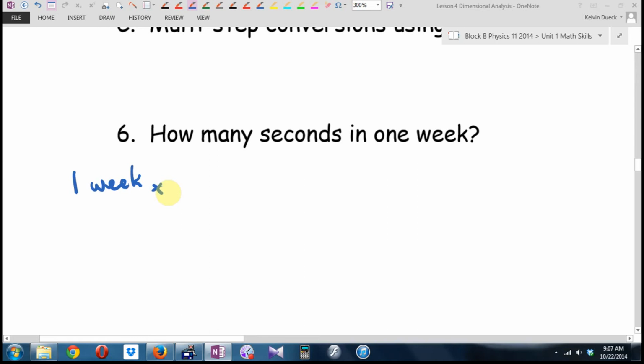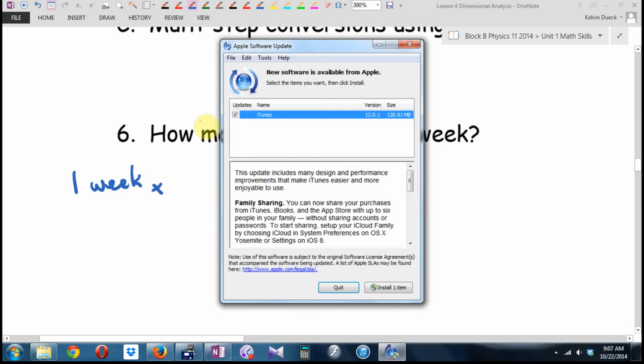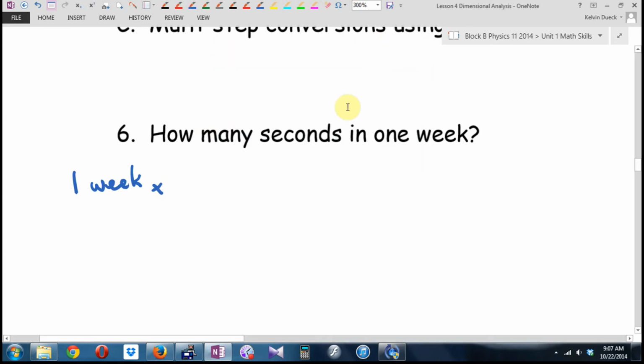What can you break a week into? What have you memorized just growing up here in North America? What unit of time can you evenly break? What unit of time can you break a week into? Oh, days, you say? So we're going to use a conversion factor. Where do I want the weeks to appear, on the top or on the bottom of my next fraction?